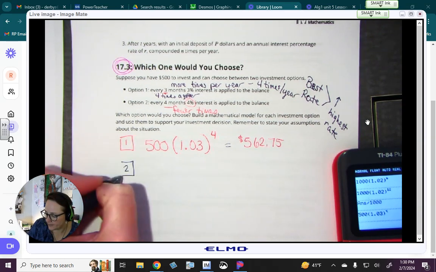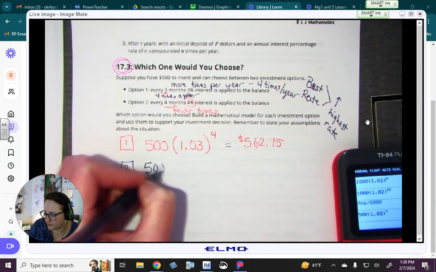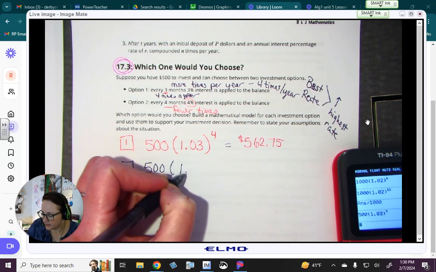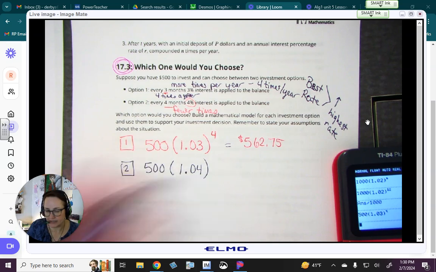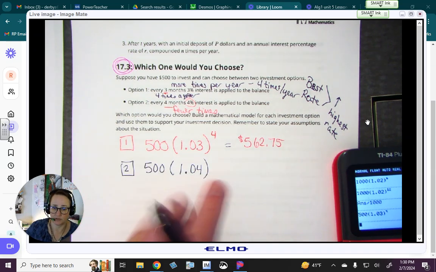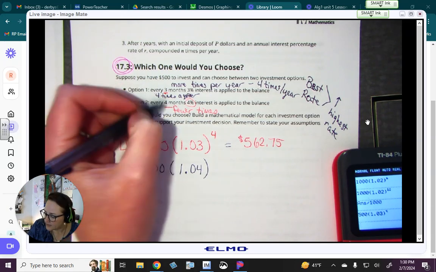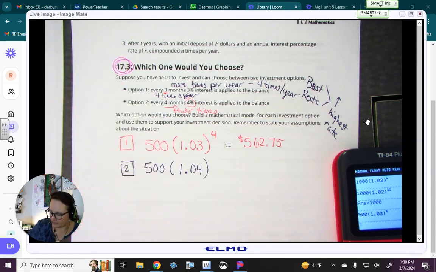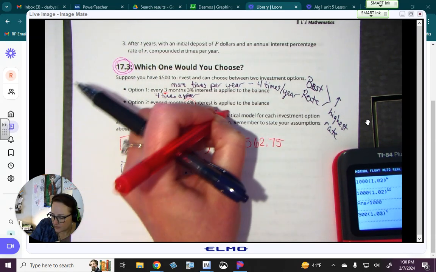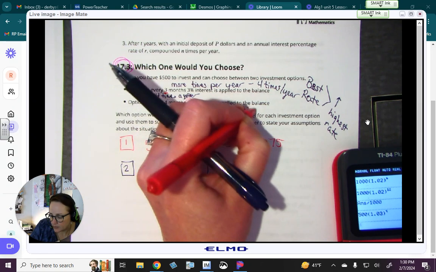Option 2, the same $500. This one is at a 4% interest rate, so there's my 100% plus 4% on top of that. If it does it every 4 months, this means it's only doing it 3 times per year.